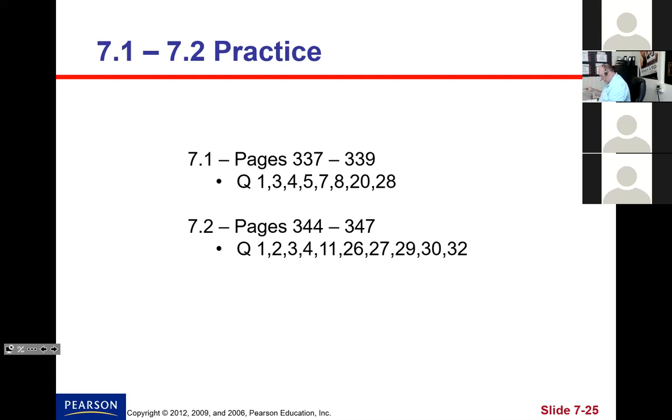So 0.25, 0.255, 0.26, 0.265, 0.27, 0.275. So the number we're looking at for C is somewhere between 0.275 and 0.28.